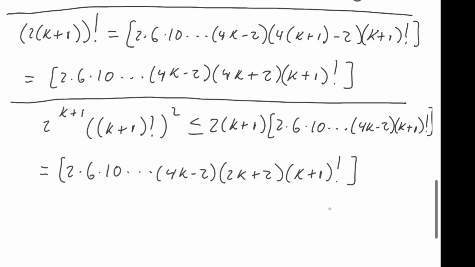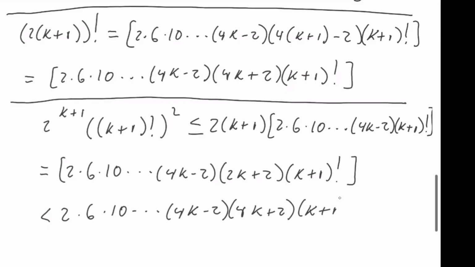And now, look, I want 4k plus 2. But for k bigger than or equal to 1, 4k plus 2 is always going to be bigger than 2k plus 2. So I know this is less than or equal to 2 times 6 times 10, dot, dot, dot, 4k minus 2, 4k plus 2 times k plus 1 factorial. I know that's going to be true. And this is exactly what I wanted.